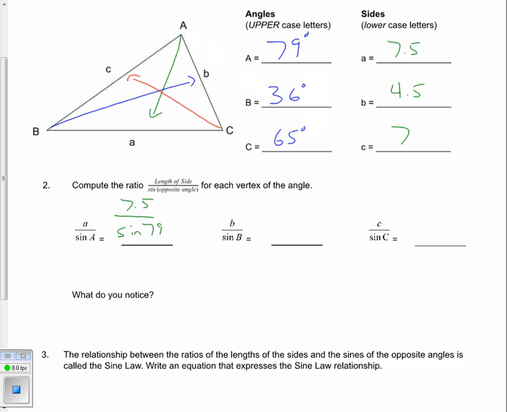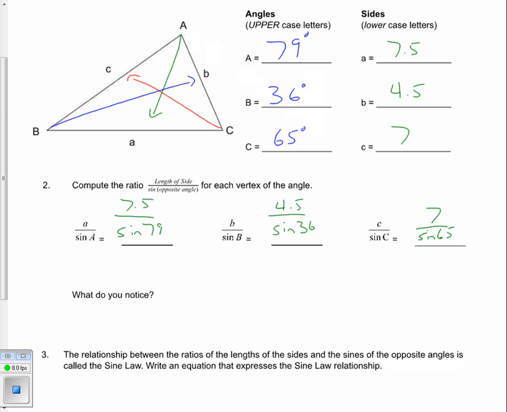For side B and angle B, I have 4.5 divided by the sine of 36 degrees. And for the relationship between angle C and side C, I've got 7 divided by the sine of 65 degrees.